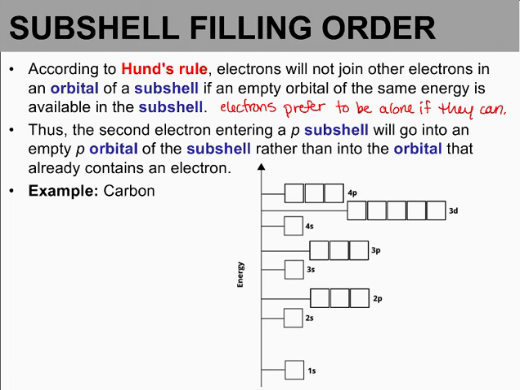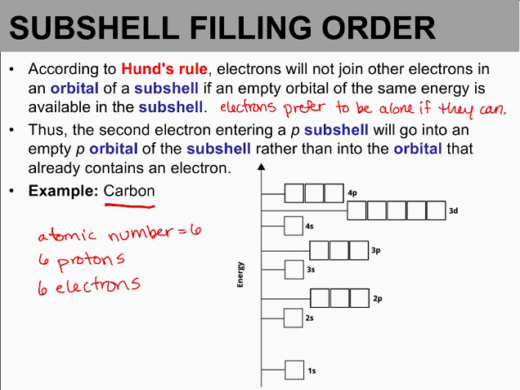So for instance, if we have the element carbon, carbon has an atomic number of 6. So that means that it has 6 protons and 6 electrons. So now let's figure out where those electrons are located.